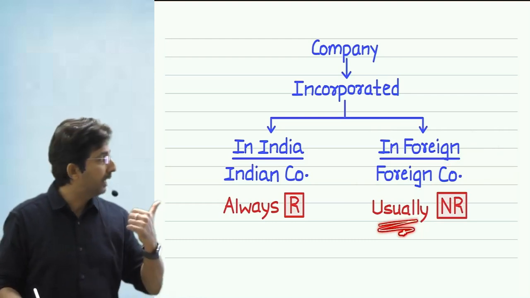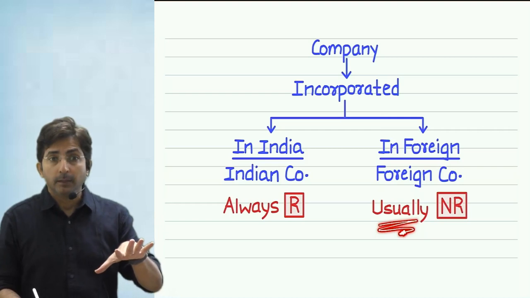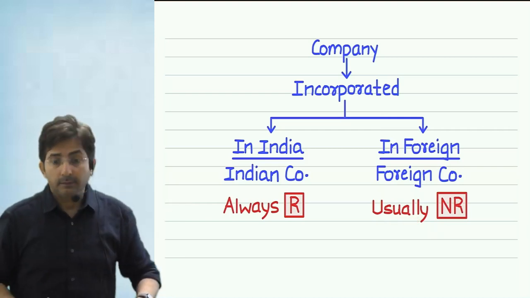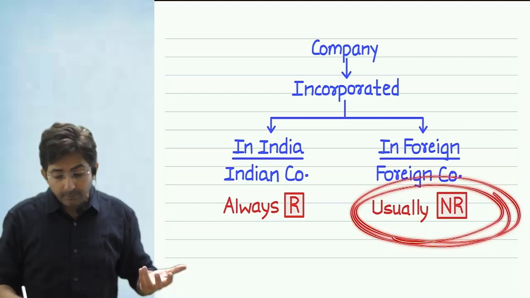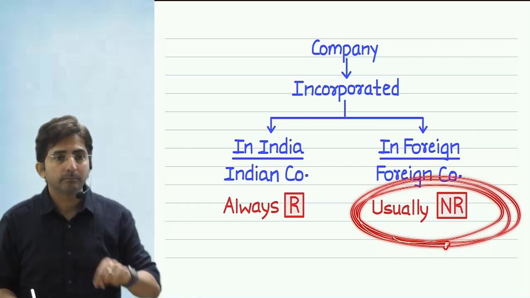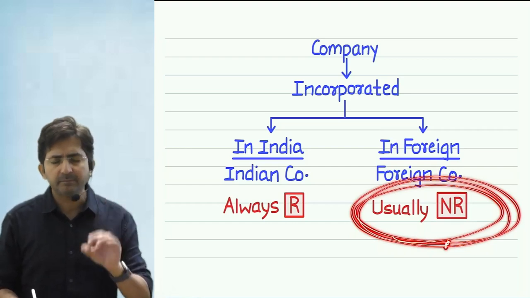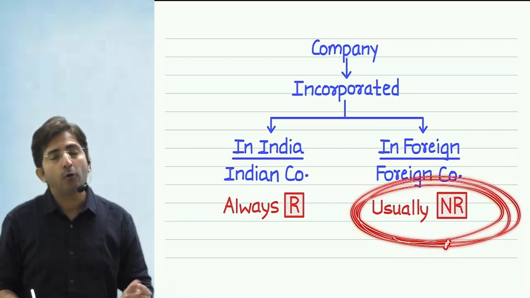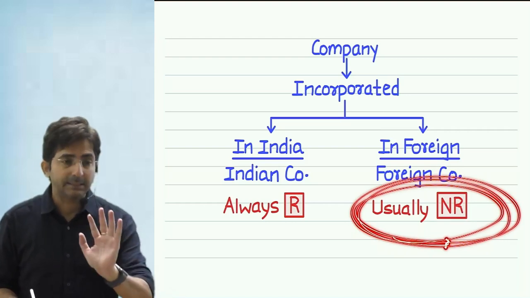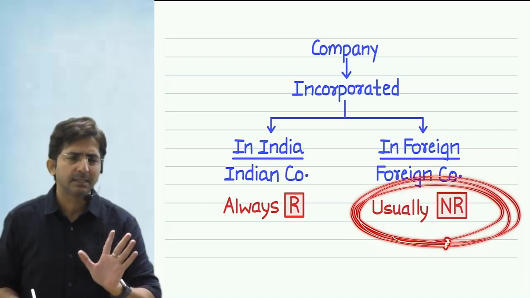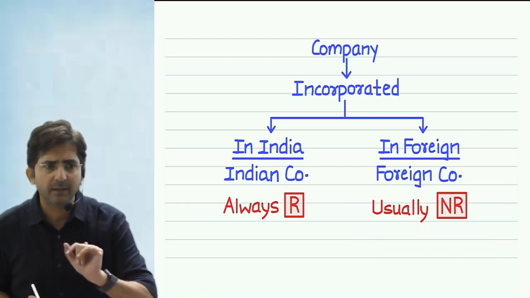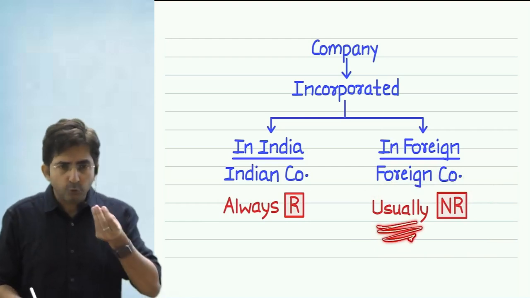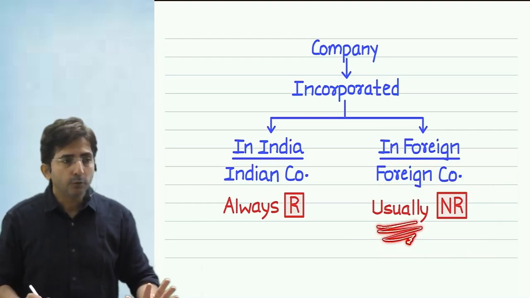Did you notice what I have written? Usually. Means not always. A foreign company can be resident also, but a 1% chance. 99%, or I can say usually, it is non-resident.